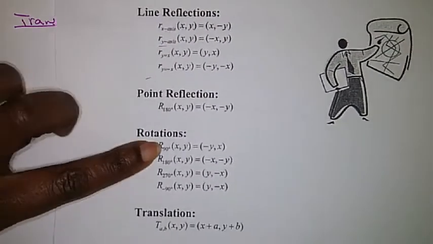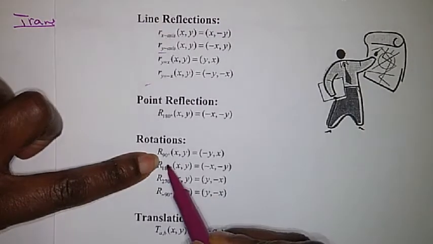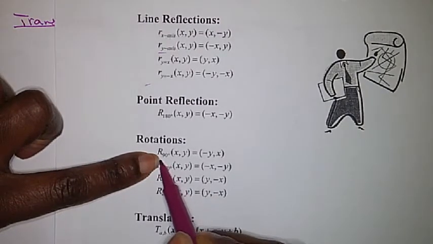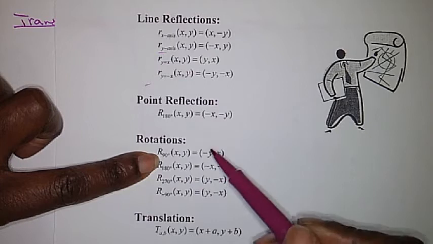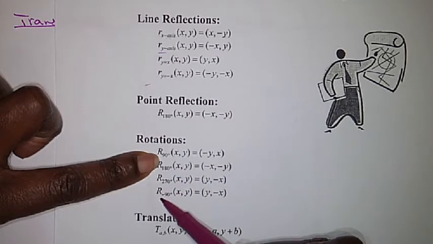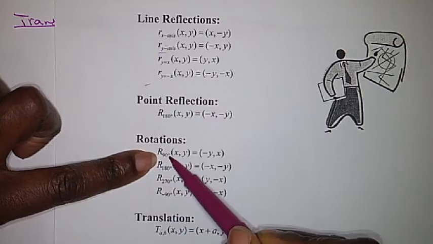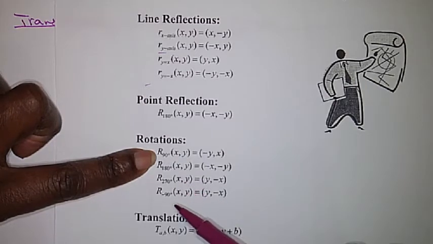Okay, so rule number one, when you're going to rotate a point 90 degrees. If you notice on the sheet, there are two 90 degrees. One has a negative, or a minus, in front of it, and one does not. So one is clockwise and one is counterclockwise.